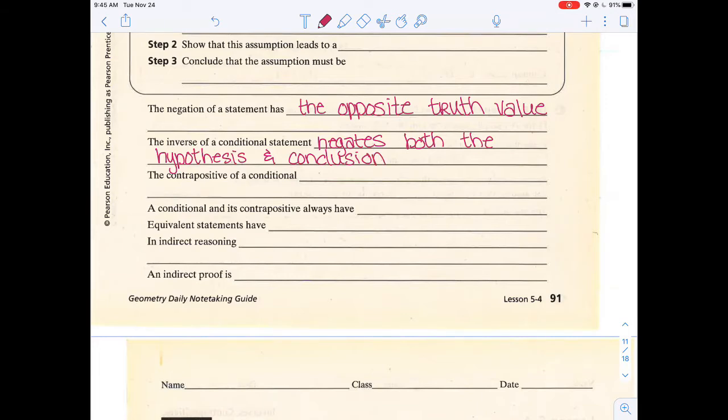Then there's a contrapositive of a conditional, and that negates both the hypothesis and conclusion. But it takes it a step further. It negates both the hypothesis and the conclusion, and then it switches them.